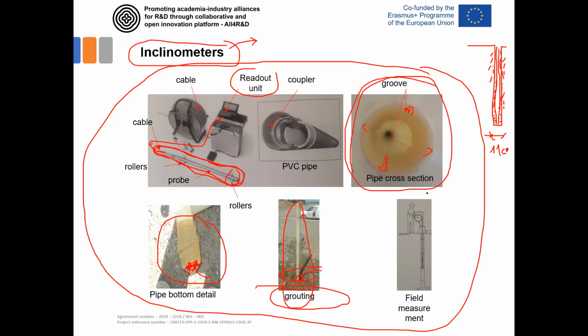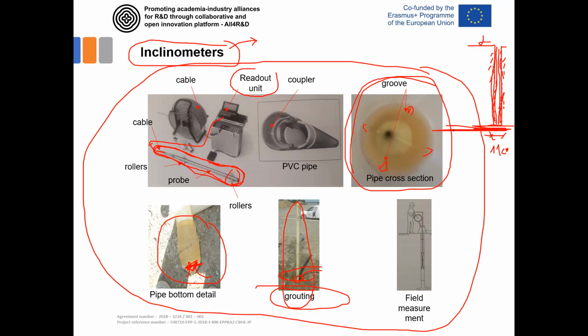After that, we have to wait 1 or 2 days so this mixture becomes stiff, and then we can do the initial measurement. First, we always need to perform an initial measurement. The initial measurement will define the initial position of this pipe from the ground surface to the bottom of the measurement depth.